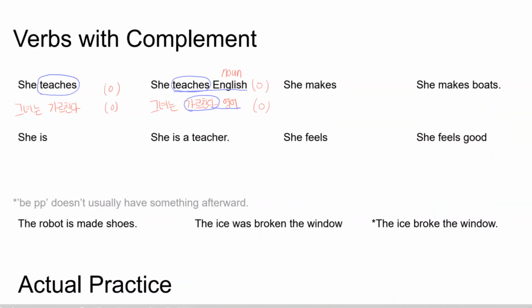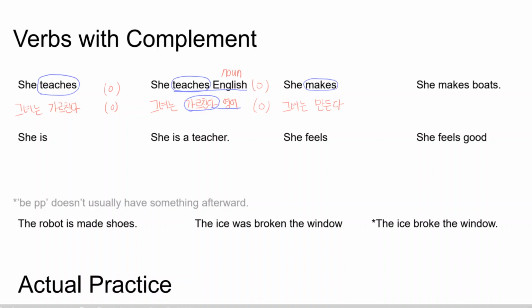How about the next one? We have she makes. As you can see, we have a verb makes. What do you think? Does the verb makes like to have a complement or no complement? Let's see. So what does she makes mean in Korean? It's translated like this, right? 그녀는 만든다.